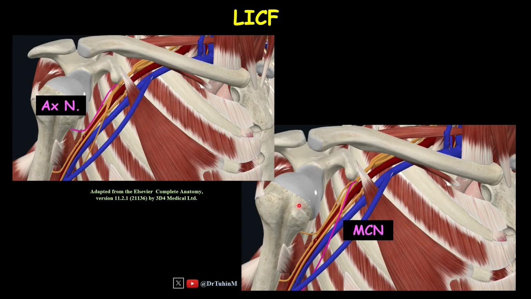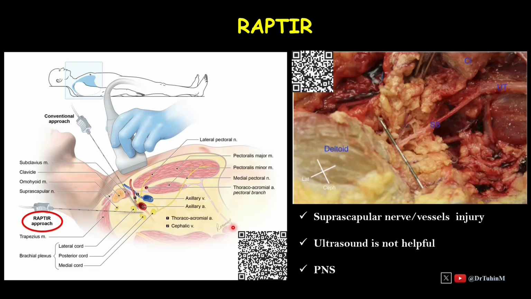In the retroclavicular approach to infraclavicular block, or the raptor approach, the needle passes through an acoustic shadow behind the clavicle. Suprascapular nerve and vessels are vulnerable here to injury because they are located along the needle trajectory. Neurostimulation during the needle advancement and monitoring for external rotation of the shoulder may reduce the incidence of inadvertent nerve injury.